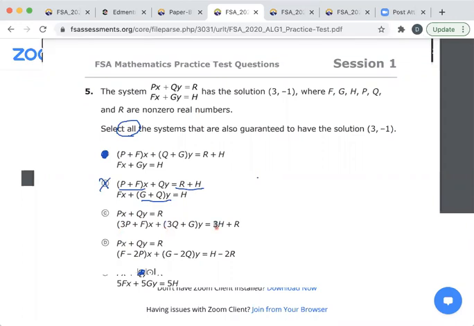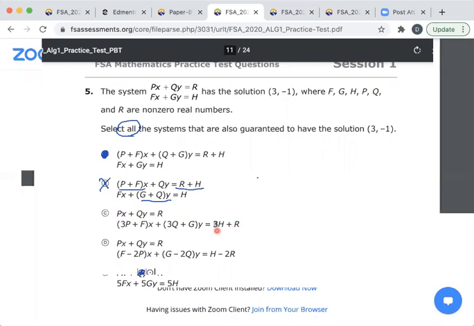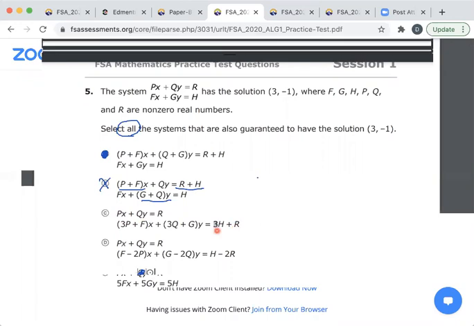That is not consistent because they are multiplying 3 times P, 3 times Q, which are the top two things. And then here, instead of 3 times R, they multiplied the 3 times H. So because they didn't multiply the 3 times R, that is not consistent.